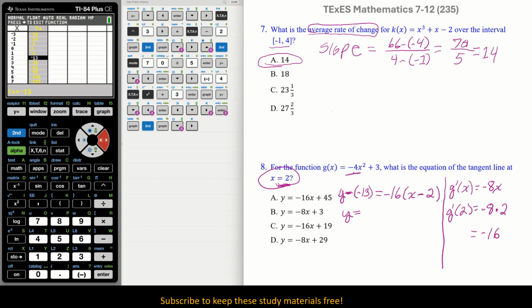So we have minus the minus, which is plus 13 equals negative 16x. Negative times negative is positive. 2 times 16 is 32. Now we need to subtract 13 from both sides, which gives us, this cancels, y equals negative 16x plus 19. Okay, and that is option C.